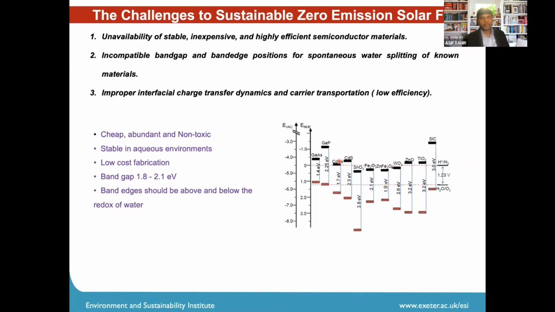While materials such as cadmium sulfide, cadmium selenide, gallium phosphide, and many other materials have the right band edge positions, most of them are not stable under the redox conditions of water. So they immediately convert into oxides, and once they convert into oxides, their band gap and band edge positions change, and they are no longer suitable for water splitting.